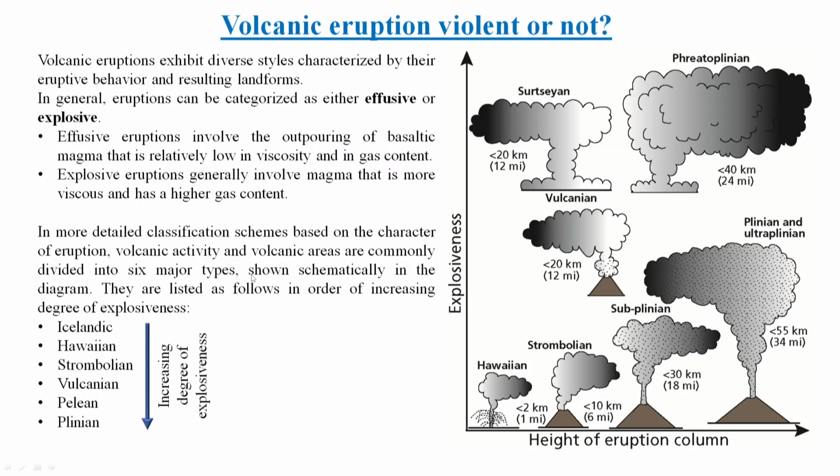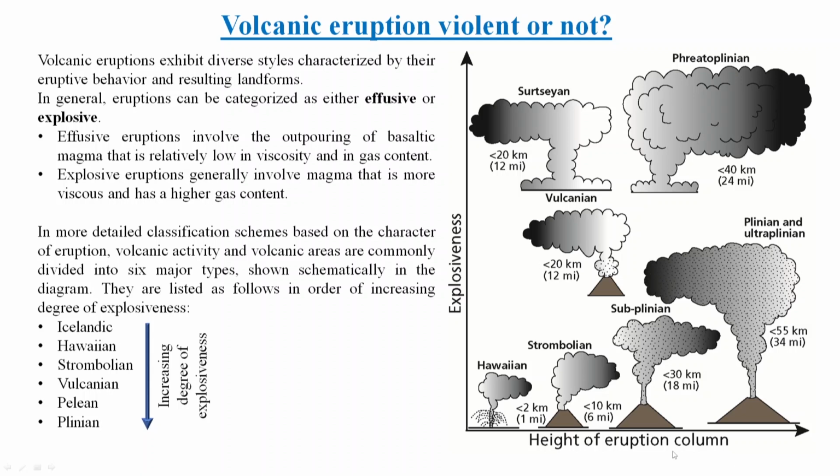All these are much more explosive in nature, and the explosivity of a volcano depends on both the composition of the magma or lava it is outpouring, plus the kind of volatiles in it. If it has a high amount of water vapor, sulfur dioxide, and sulfur, then the explosiveness of that volcano will increase.